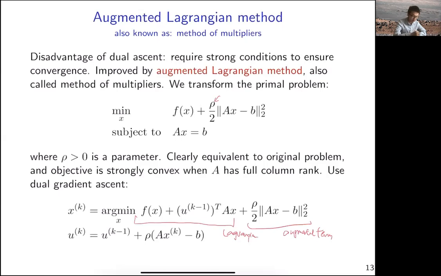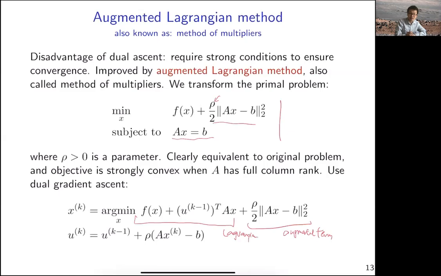Notice that it's subject to Ax equal to b. Therefore, at any feasible solution, this term needs to be 0. Okay. Now with that, we can simply apply the dual ascent on this problem instead.